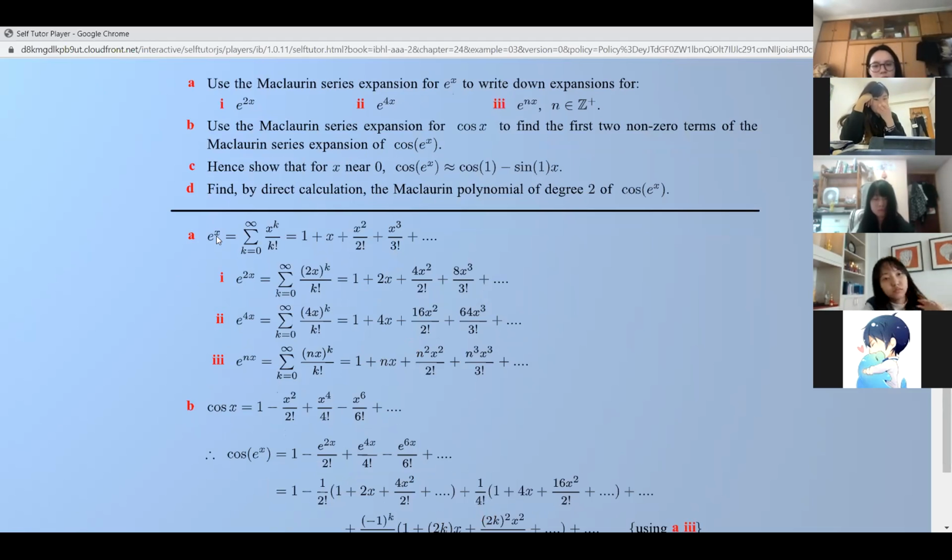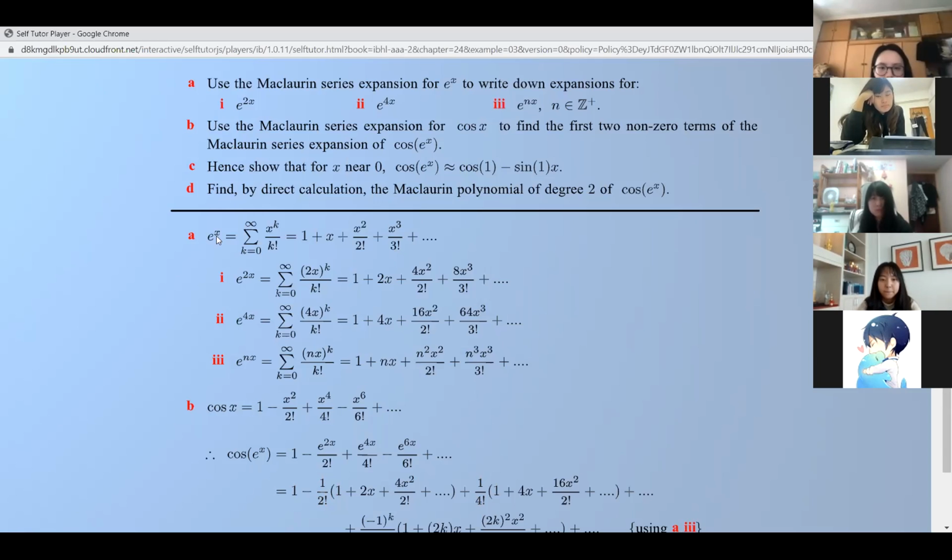We are only interested in the first two non-zero terms of the expansion. The first of these will be a constant. It is 1 plus the constant term from the expansion of minus e to the 2x over 2 factorial plus the constant term from the expansion of e to the 4x over 4 factorial, and so on through all of the rest of the infinitely many terms.